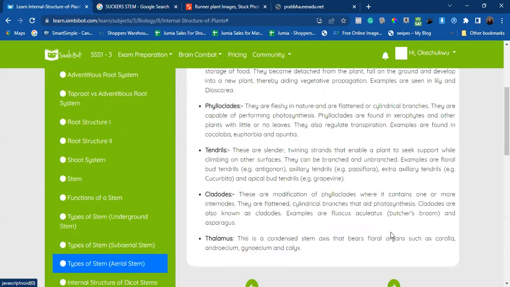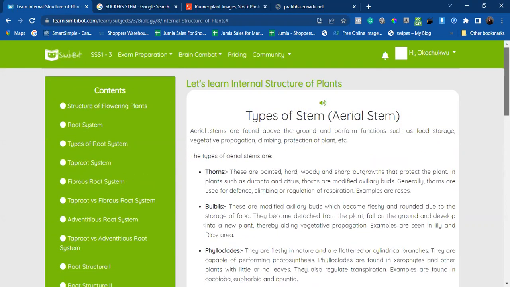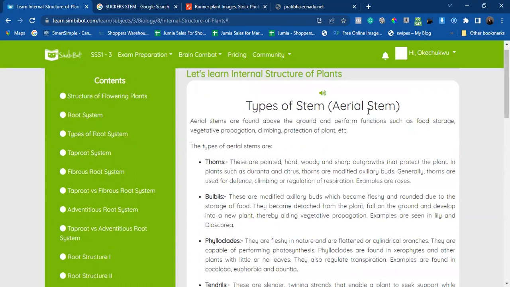Now let's look at the aerial stems. These are the ones that grow above the ground. Number one is the thorns.